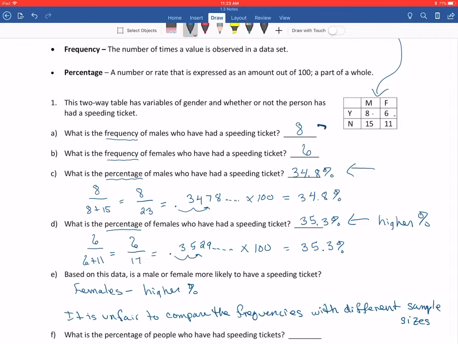So it's unfair to look up here and just say males have more. There were 8 males and only 6 females. When the sample sizes were different, there were 23 males asked and only 17 females asked. So the fact that there were more yeses doesn't really tell us much. When we look at it percentage-wise, however, a higher percent of the females had speeding tickets. So when you have different sample sizes, you want to always compare those percentages just in case.